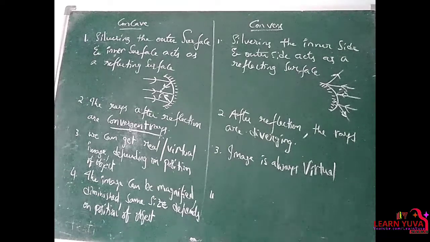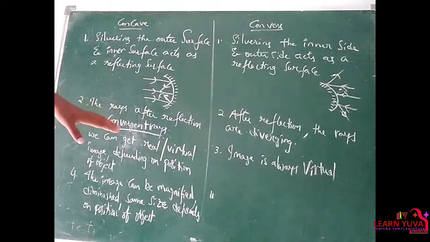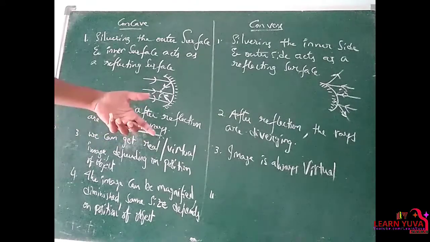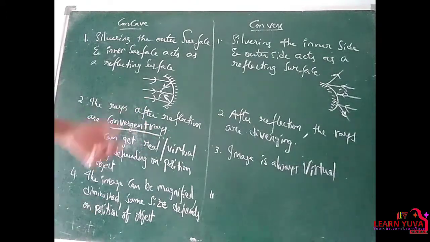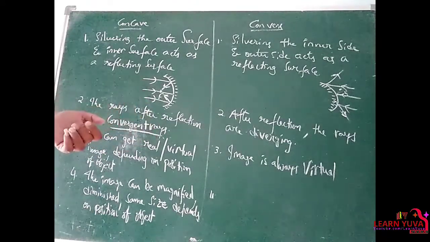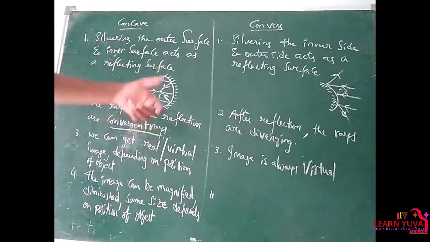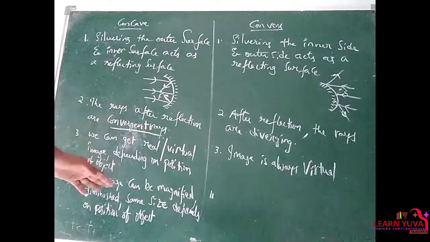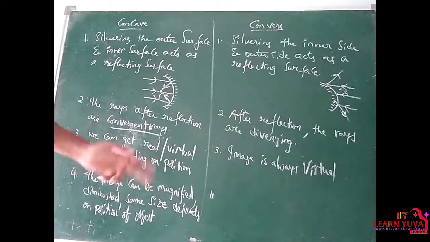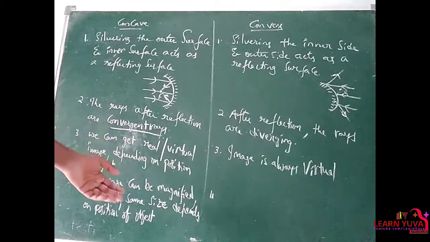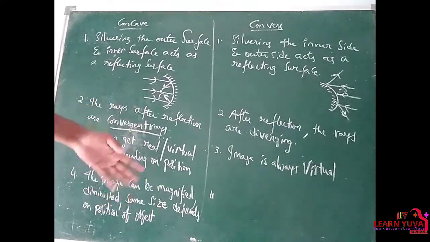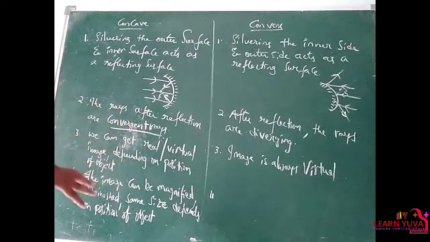In the case of images, the image can be magnified, that means bigger than the actual size of the object, or diminished, smaller than the actual size of the object, or the same size. So the image size can be magnified, diminished, or the same size. That also depends upon the position of the object, right?